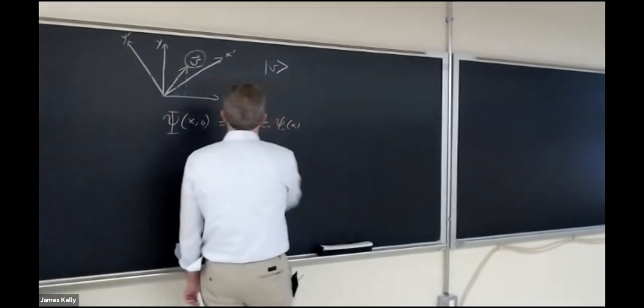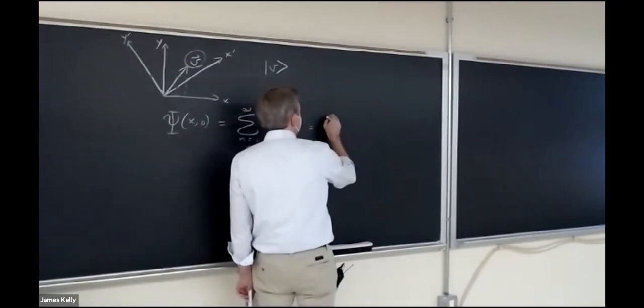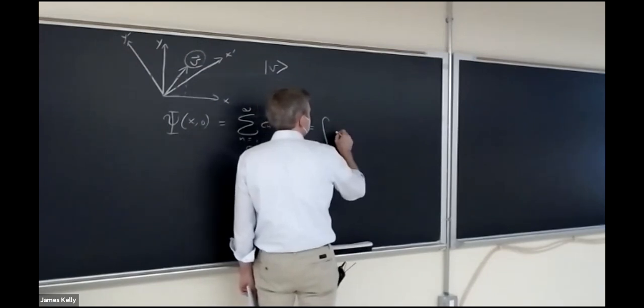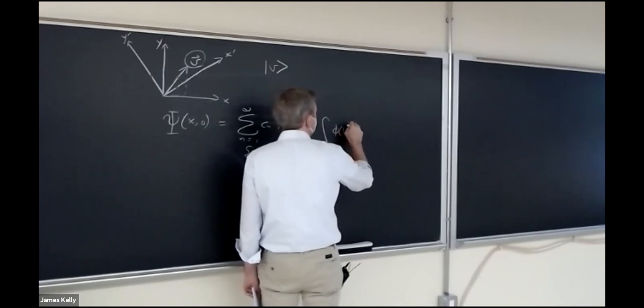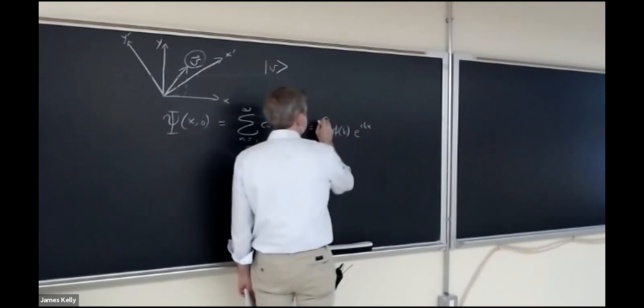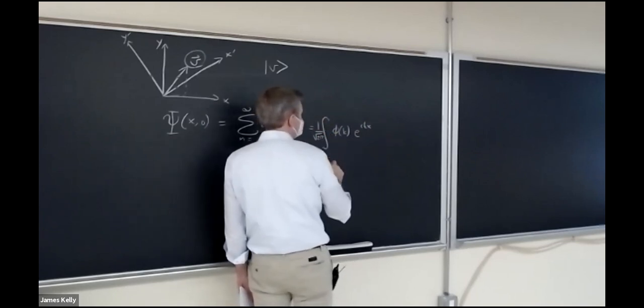I might have, instead of wanting to expand it this way, wanted to write that state as a linear combination with phi of k times e to the i kx. And as you know, we conventionally put a 1 over root 2 pi out in front.